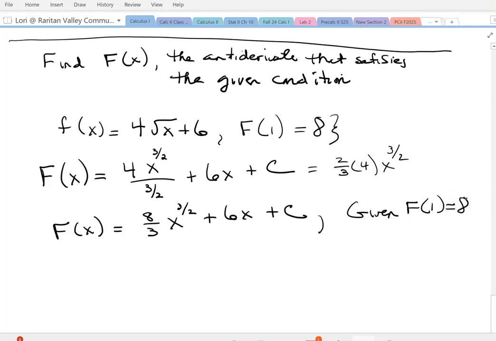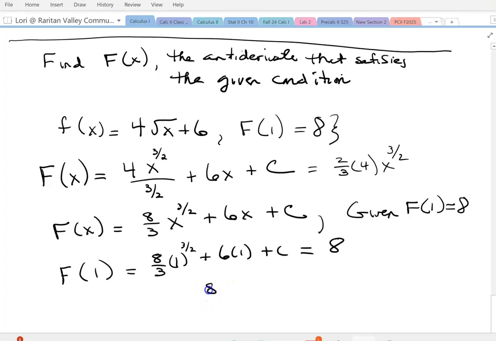So what we want to do is find the specific function in that entire family of functions that satisfies that condition. So we put in F of 1. Well, that's 8/3 times 1 to the 3/2 plus 6 times 1 plus c, and that's going to equal 8.